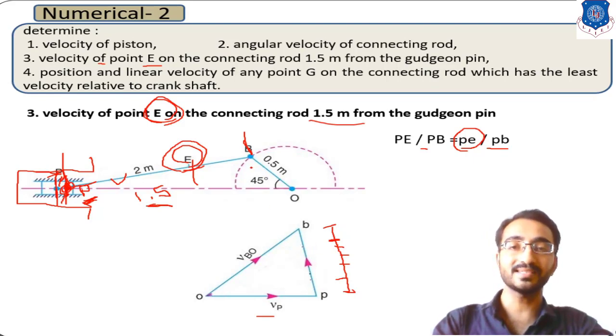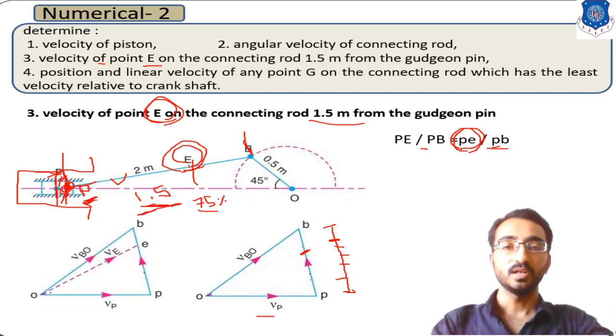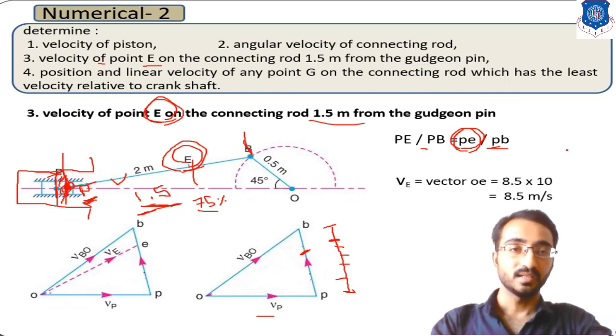The PE distance is 1.5 by 2, that is 75% of the total length PB, and this gives you point E.